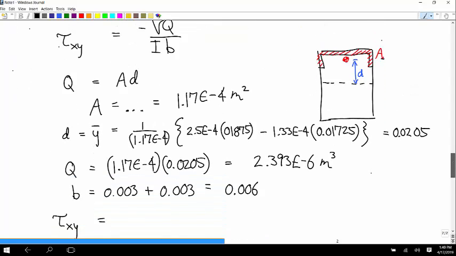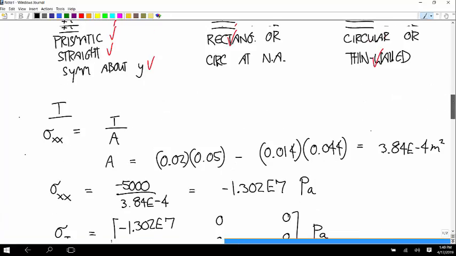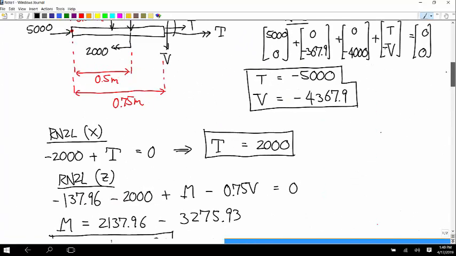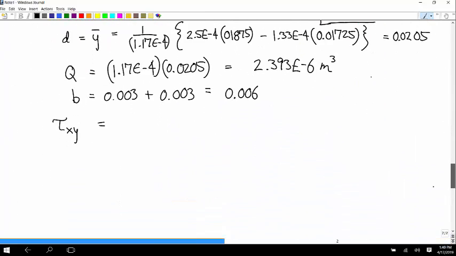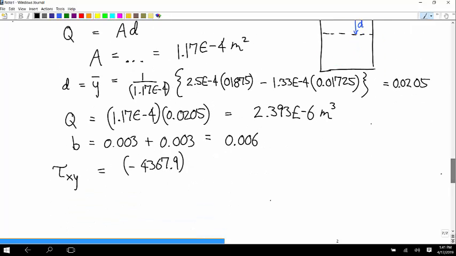And so the V we're using is negative 4367.9. The formula has the negative, so we have a second negative. Q is 2.393 times 10 to the minus 6.